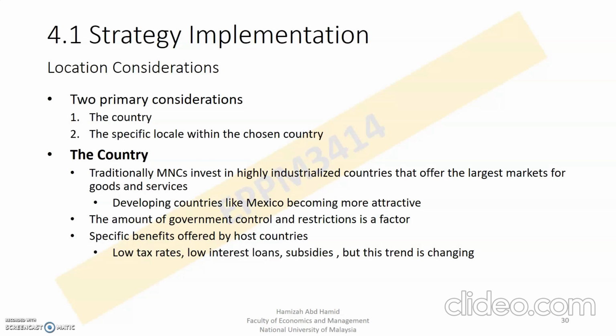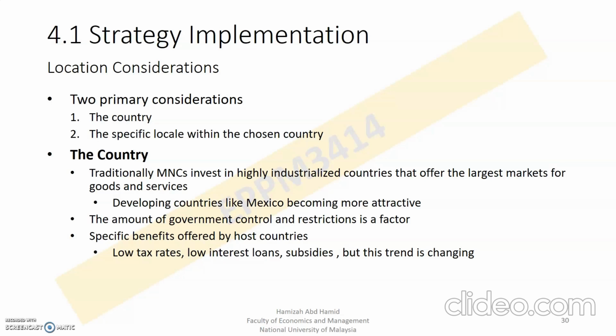In strategy implementation, you may want to consider location. There are two basic considerations. First, the country, and second, the specific locale within the chosen country. Because, sure, you want to choose a country. For instance, you are a company producing chocolate.